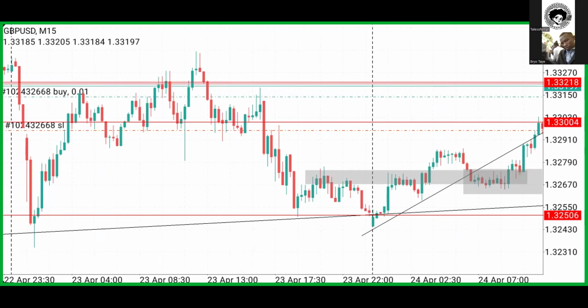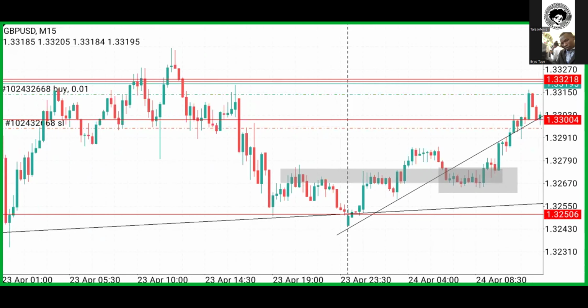Try to trade something that is inside the trend line rather than outside. When the market breaks out of your trend line, leave that trade.